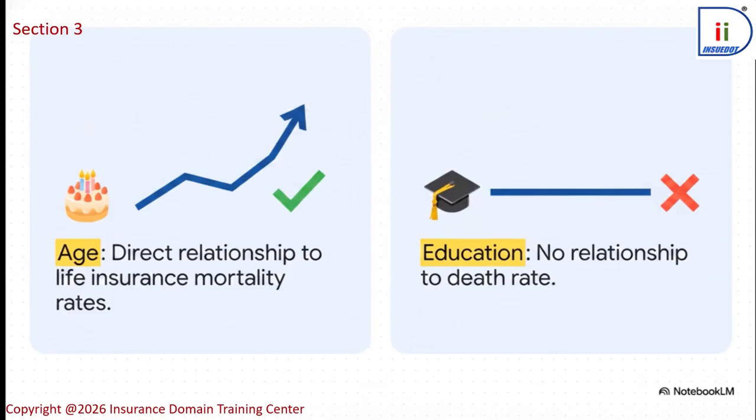This means the classification characteristic must statistically predict losses. For example, a person's age has a direct statistical relationship with life insurance mortality rates. Education level, on the other hand, generally does not. Trying to classify life insurance risks based on education would fail this actuarial requirement.